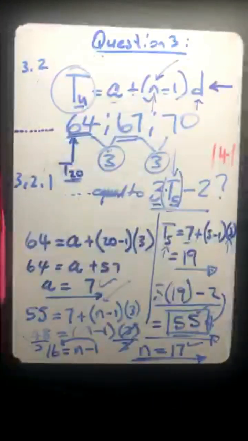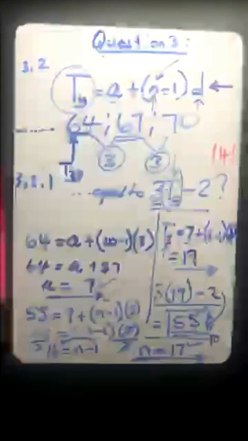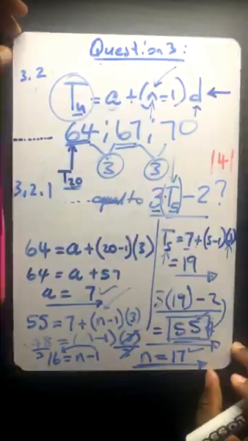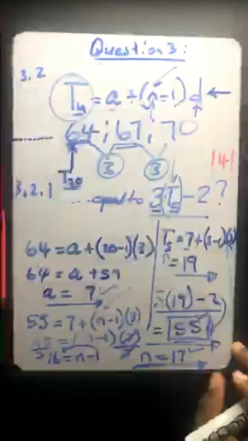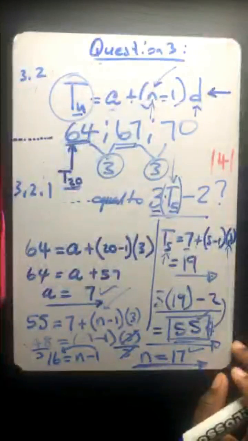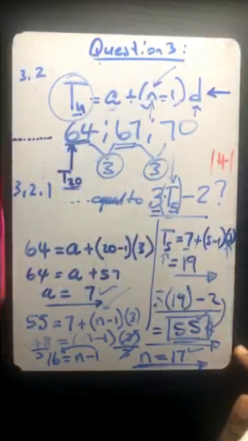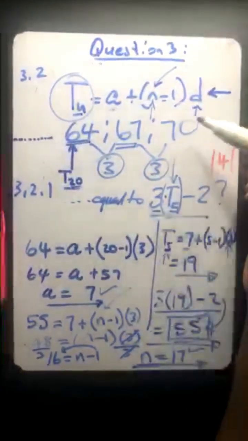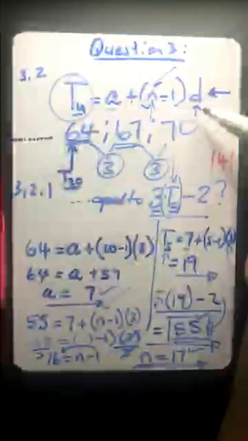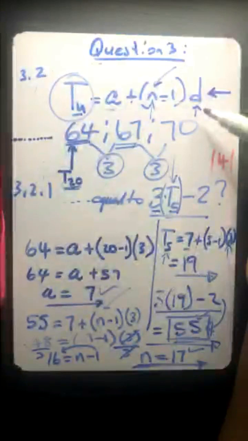I was going to ask, is it okay if you just worked out the general formula of the sequence and then use that instead? So you're asking if you can work out the general formula and work from that, isn't it? Yes.